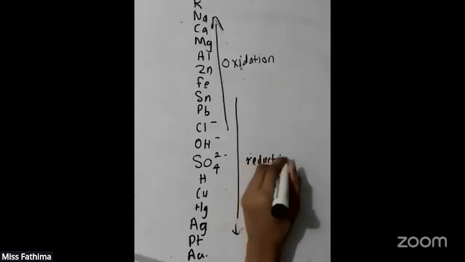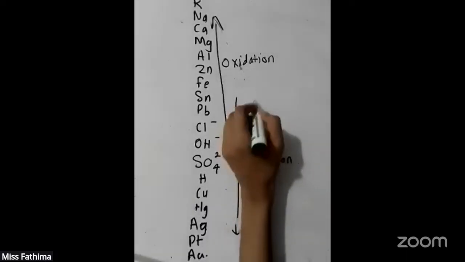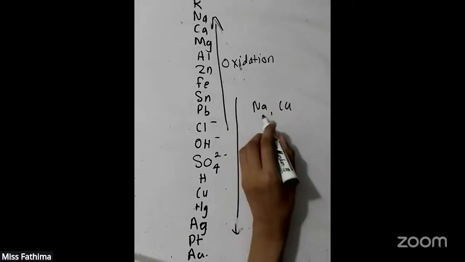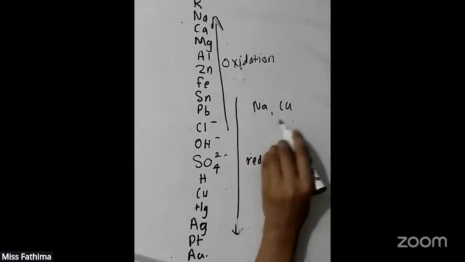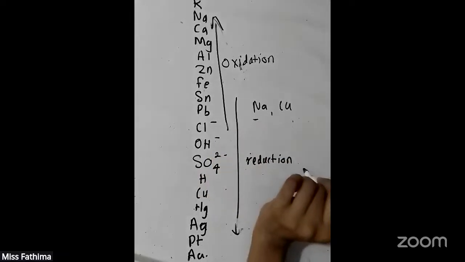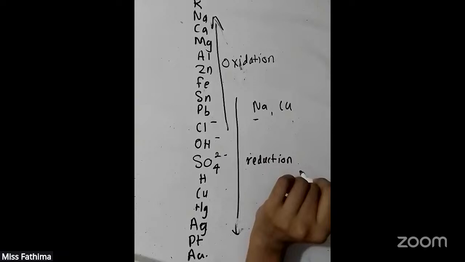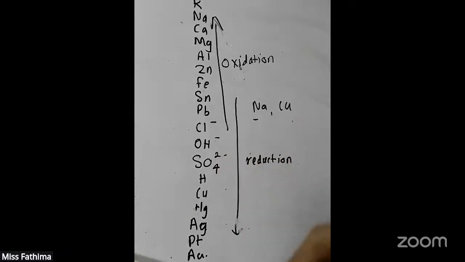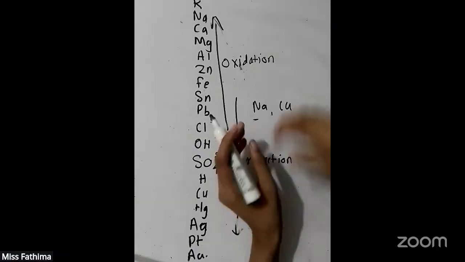Now let me explain. You are taking sodium and copper. Out of these 2, which will undergo oxidation and reduction? Sodium will undergo oxidation. Then copper will undergo reduction. How do you tell that? You check which is above.